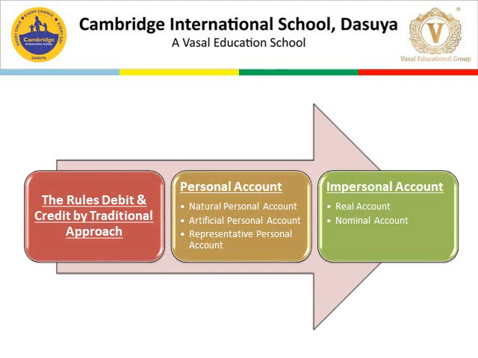The representative persons are the persons which represent a group of persons, like outstanding expenses, accrued income, income received in advance, etc.